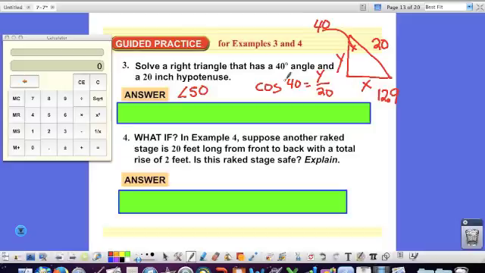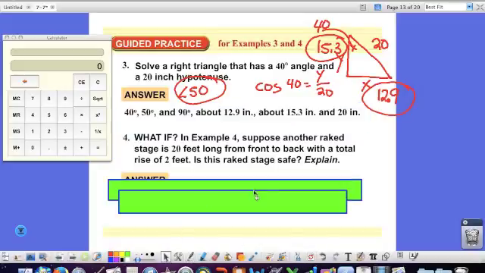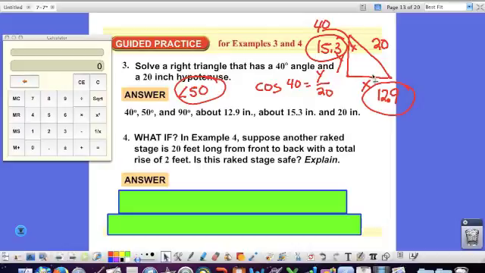I'm going to multiply that by 20, and I get 15.3. So those were the missing measurements that I needed. So I have 40, 50, and 90 degrees, about 12.9, about 15.3, and about 20.